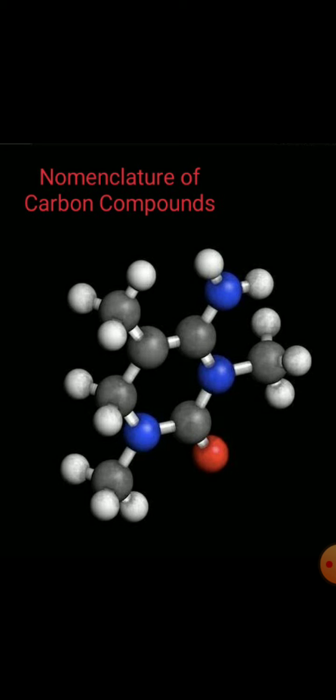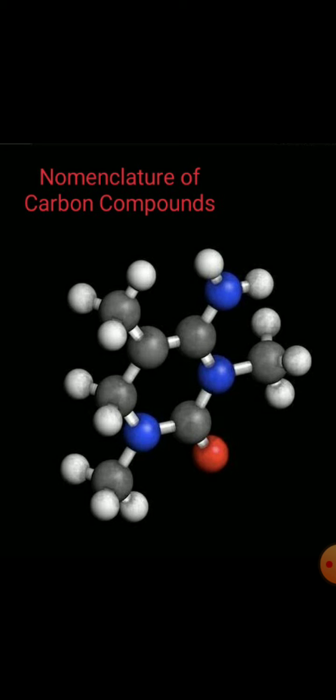Second step, in case a functional group is present, then it is indicated in the name of the compound with either a prefix or suffix. Third point, if the name of the functional group is to be given as suffix, and the suffix of the functional group begins with a vowel A, E, I, O, U, then the name of the carbon chain is modified by deleting the final E and adding the appropriate suffix.